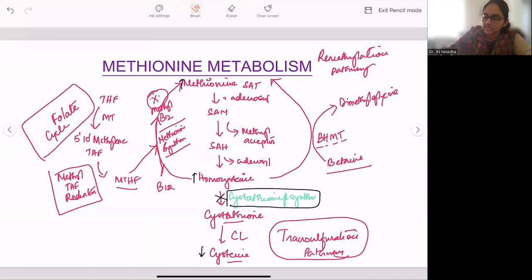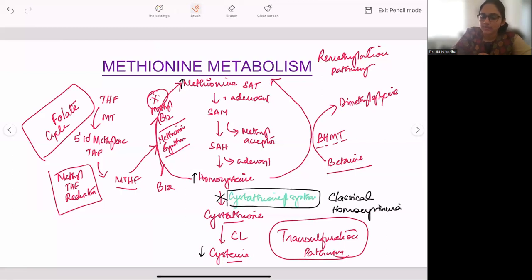So this is the more severe form of homocystinuria, the classical homocystinuria. This is due to deficiency of the cystathionine beta synthase enzyme, which converts homocysteine to cystathionine. Since this pathway is defective, there is excess homocysteine and excess methionine conversion, and low levels of cysteine in the plasma.